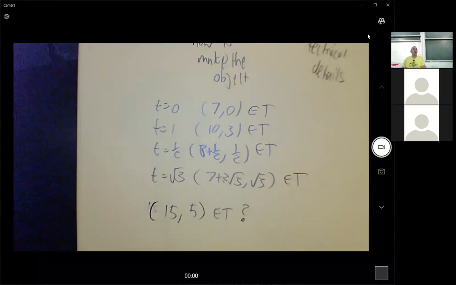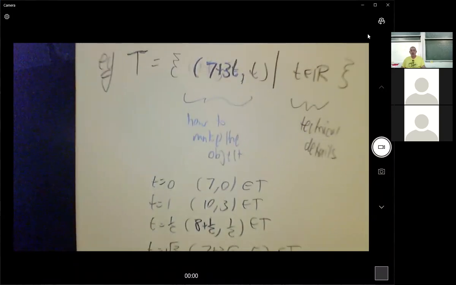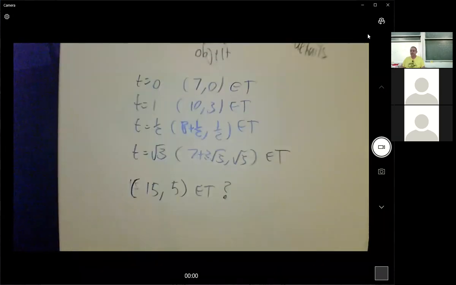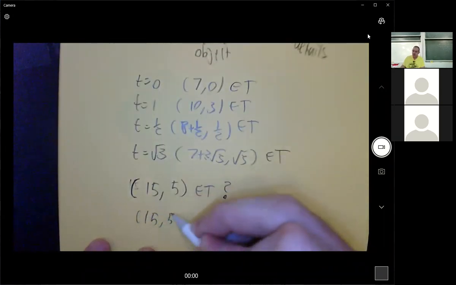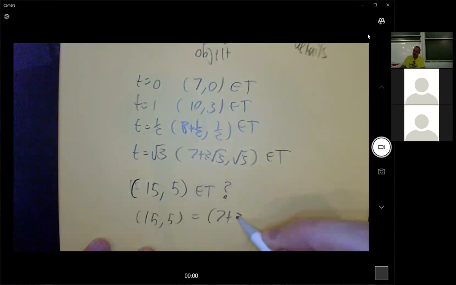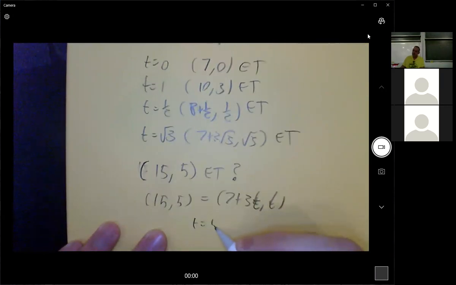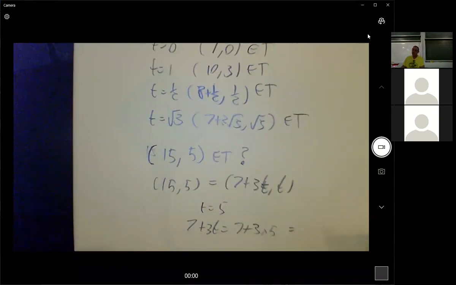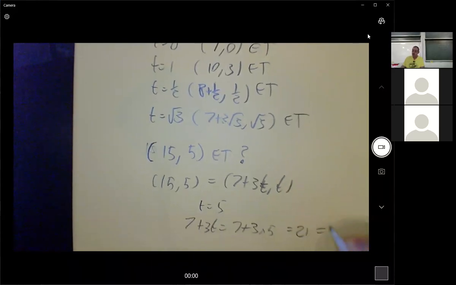Then the only way to tell would be to see if it's possible to make it in this way. It would have to be equal to this. And that would mean the t would have to be 5. And that would mean the 7 plus 3t would have to be 7 plus 3 times 5, which is 7 plus 15, which is 21, which is not 15 like I said it was. Yes?